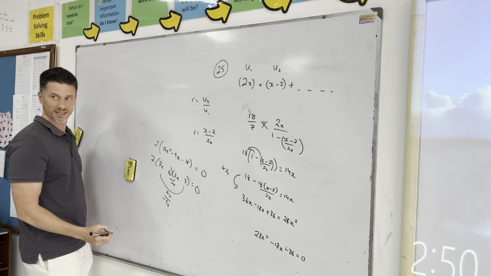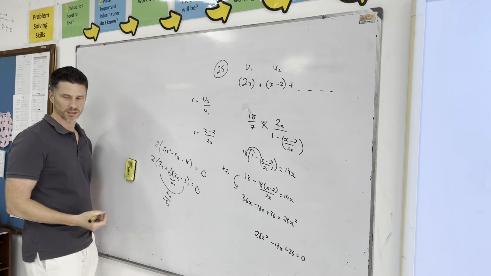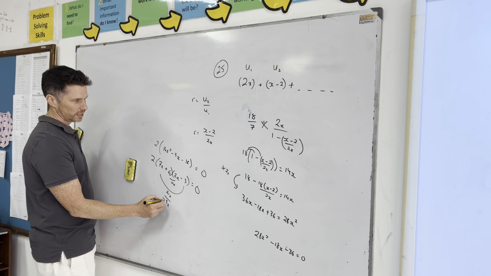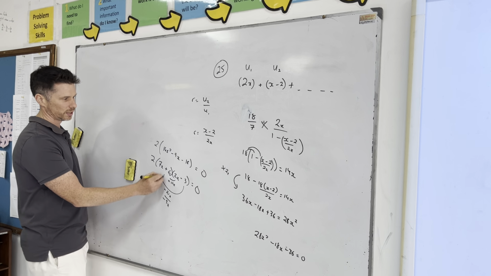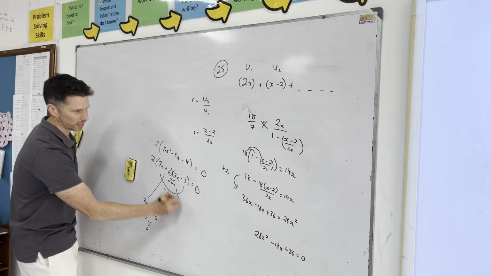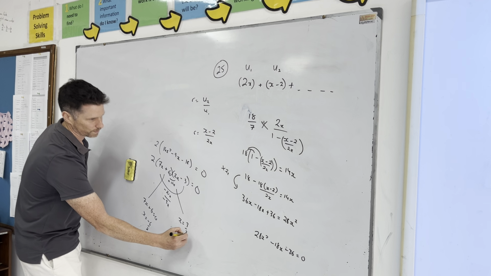I didn't go with 9 and 2, too far apart. Trial and error. That's 12x. This one has to be minus. So we got 7x plus 6 equals 0, so x is minus 6 sevenths, and x is 3 over 2.